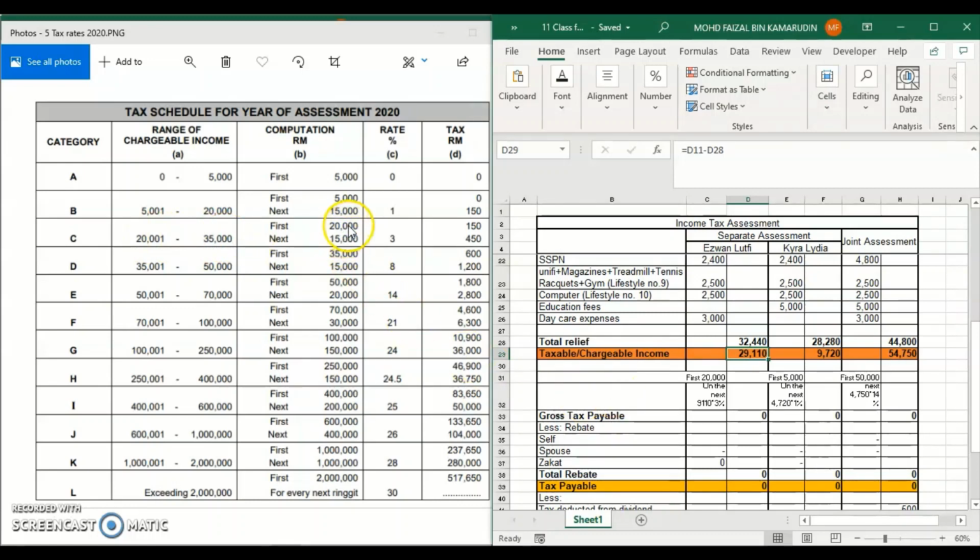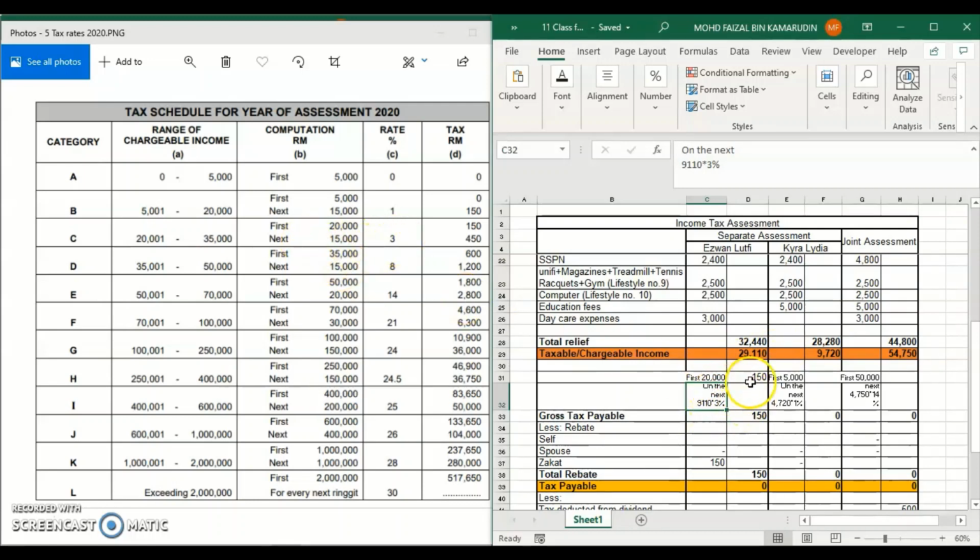So the first 20,000, he has to pay 150. Just put 150 there. And then the remaining balance, which is 29,110 minus 20,000, so we have left about 9,110.